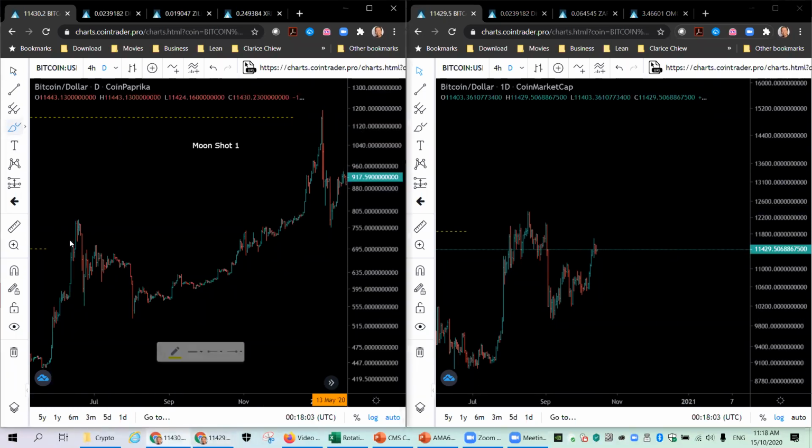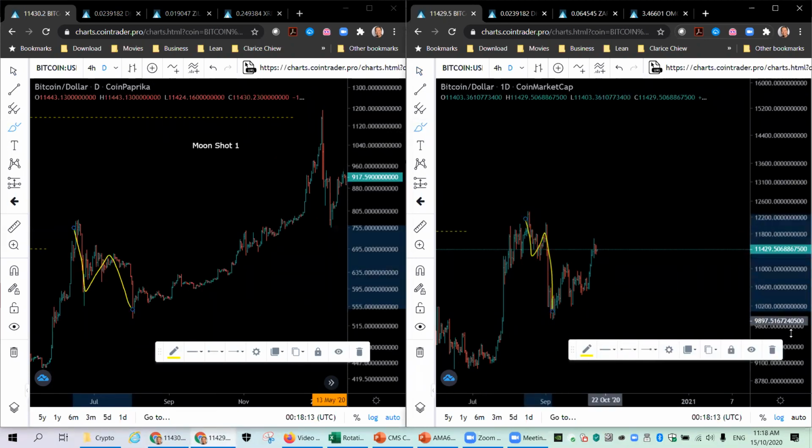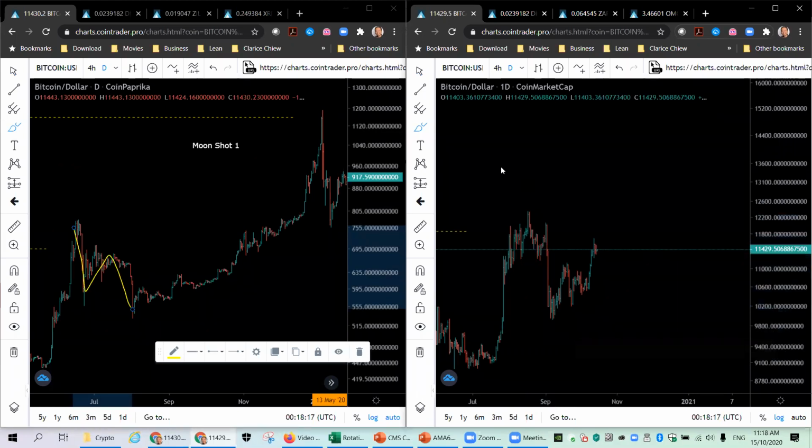And in terms of a pattern, my take is this zigzag is done, it's completed. So I think it's done. Now, some of the analysts out there might argue, no, it's not done.